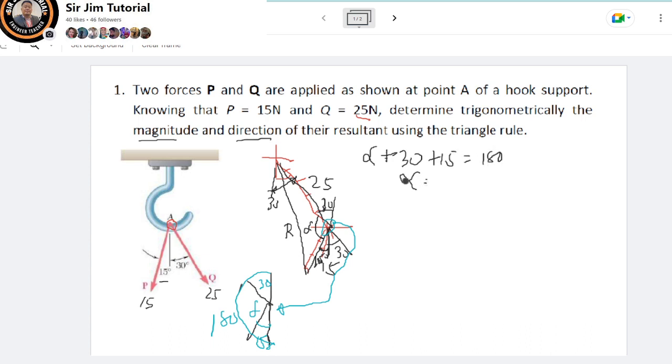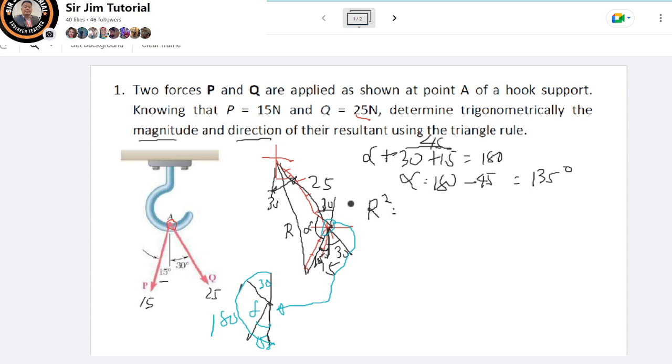Therefore, alpha could be equal to 180 minus this one. 30 and 15 is 45. So alpha is equal to 135. Okay. So, once you have this alpha, then we can compute R by cosine law.